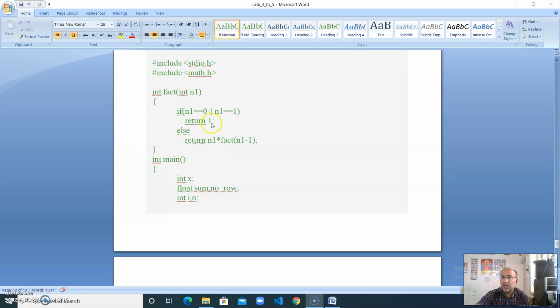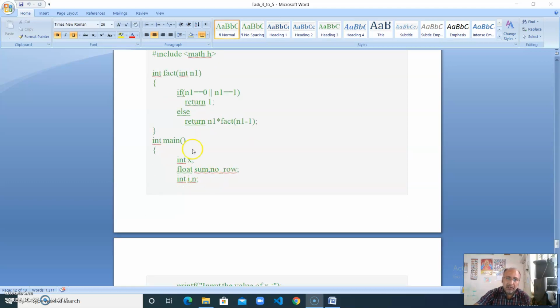In the user defined function, I use recursion. The function calling itself is called recursion. By using these two concepts, I implement the program. Understood?